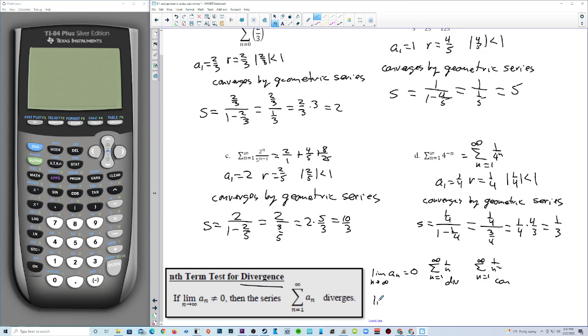Because the only way we can say that something diverges because of the nth term test is if it's not 0. So if a sub n is not 0, then we know that the series for sure diverges. So then we can say, well, if the series converges, what do we know about the terms?